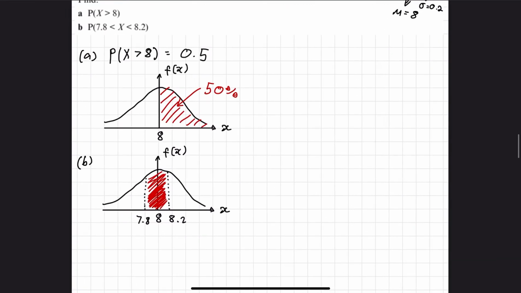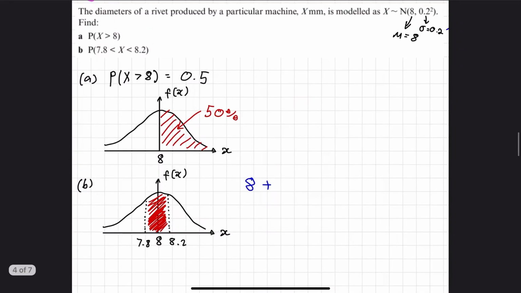Where have this 7.8 and 8.2 come from? Well, we know if I have my mean, 8, and add on 1 standard deviation, that is my 0.2, that gives me 8.2.